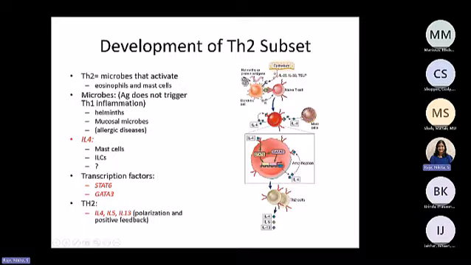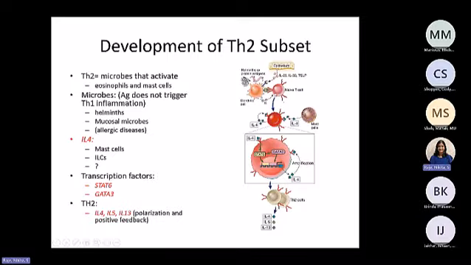There is IL-4 that's released, and in presence of these cytokines, dendritic cells or other antigen-presenting cells will take that information. What kind of infection? Here it will be helminth. And where is the infection? Is it in the GI tract? Is it in the lungs? And with that information, it will go through the lymphatic vessels, get to the lymph nodes, where they'll interact with the specific naive T cells.